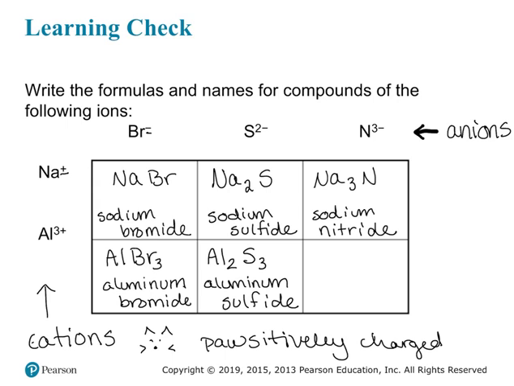What is the formula? So this one's super easy because the charges are equal but opposite. We have a 3 plus charge and a 3 minus charge. So we just have one of each ion. And then how do we name this one? Aluminum nitride.